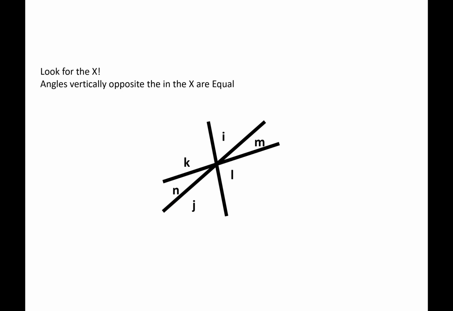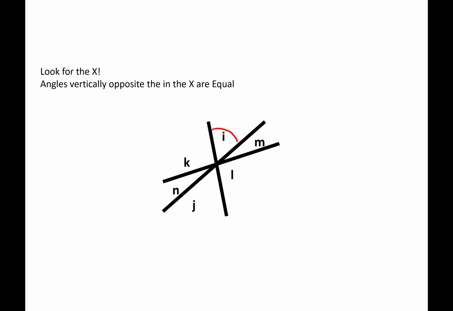Let's try another one. This one's a bit trickier as we have 3 lines. But let's just look for our X again. So first off, I'm just going to take 2 of my lines and look for the opposite angles.